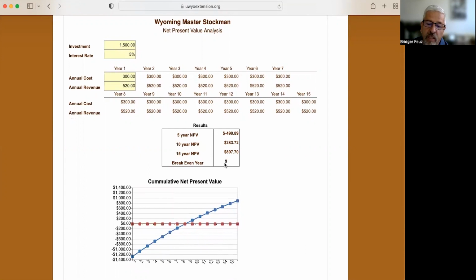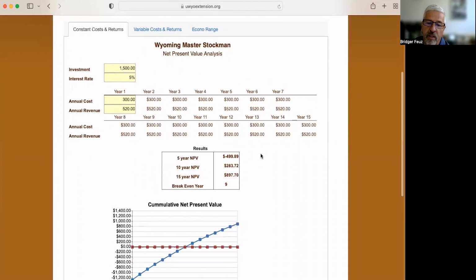So our break-even year is year 9. And if we look at a 10-year net present value on this pivot, we would be a positive $283.72 per acre by making this investment. And if you look over a 15-year period, that could be as high as $897 per acre positive by making this investment. So that's how this net present value calculator works.